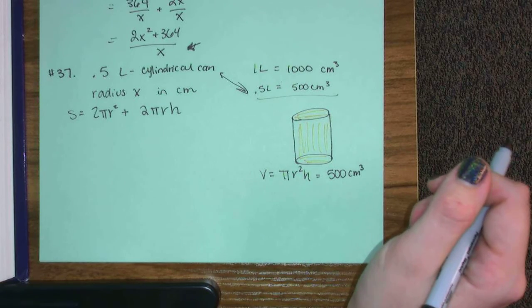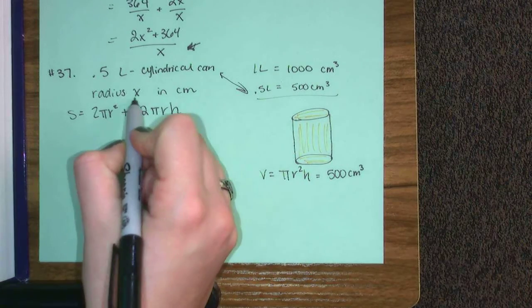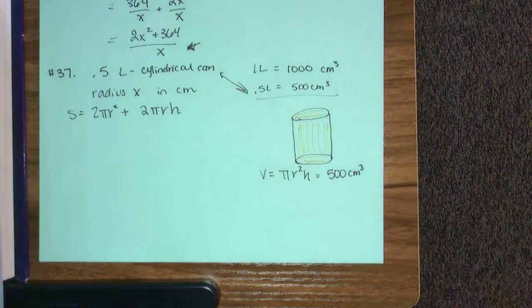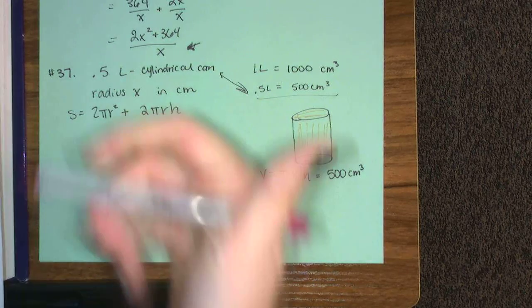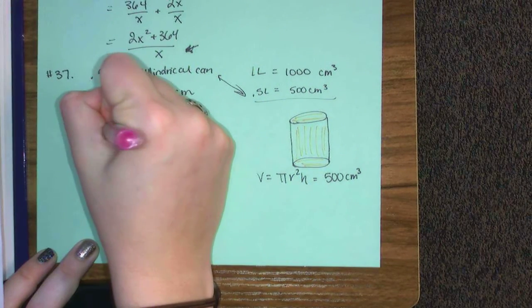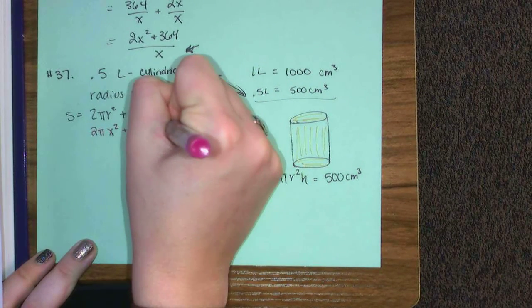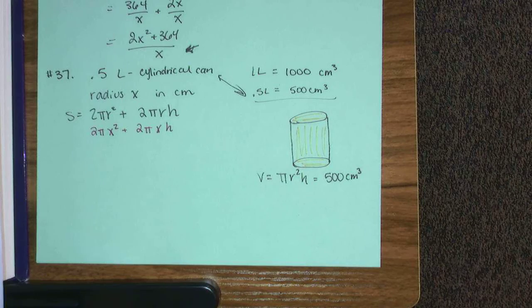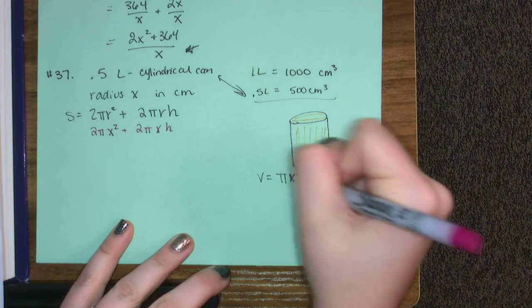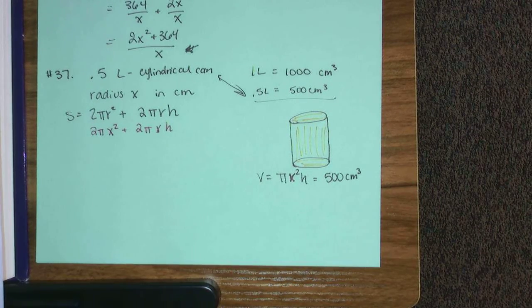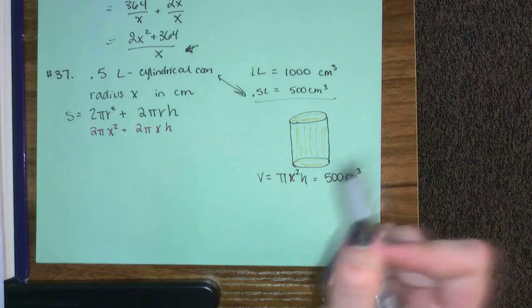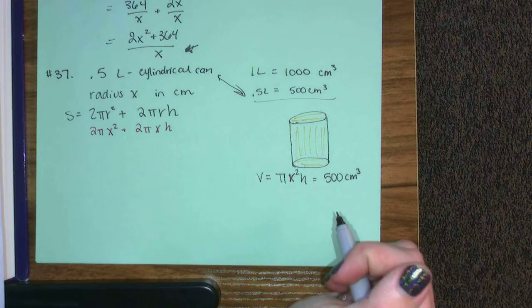Okay, we're going to call our radius x. Okay, so down here, these r's are going to change to x's. And I need to get rid of this h. I need h written in terms of x. So I'm going to go ahead and change this r to an x here. Okay, so how do I get h by itself?